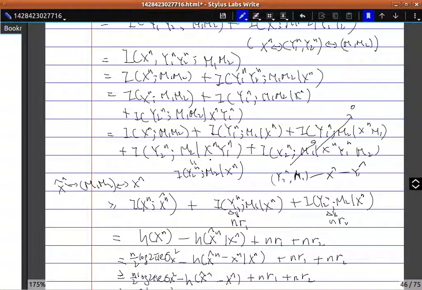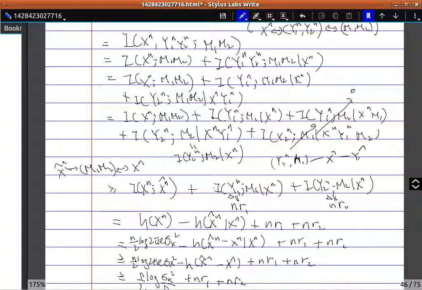So therefore we have this. Now these 2 terms here, you rename as nr1 and nr2. So basically, r1 is equal to I(y1^n; m1 | x^n) over n, and r2 is equal to I(y2^n; m2 | x^n) over n.